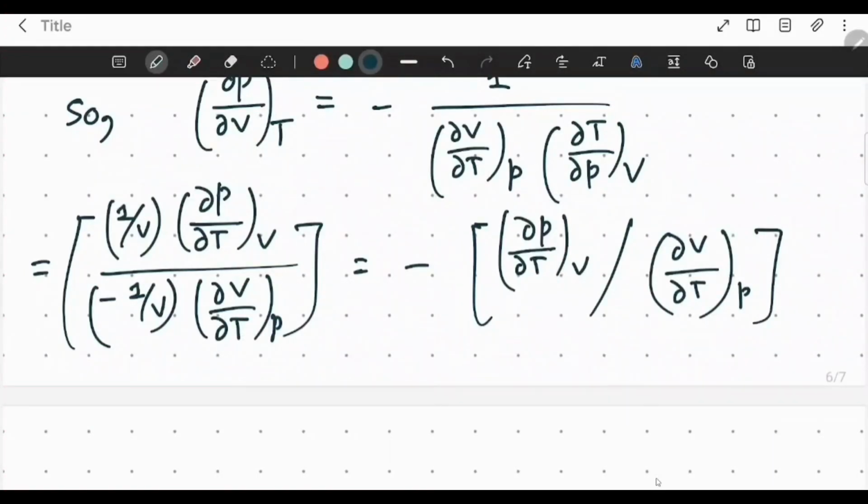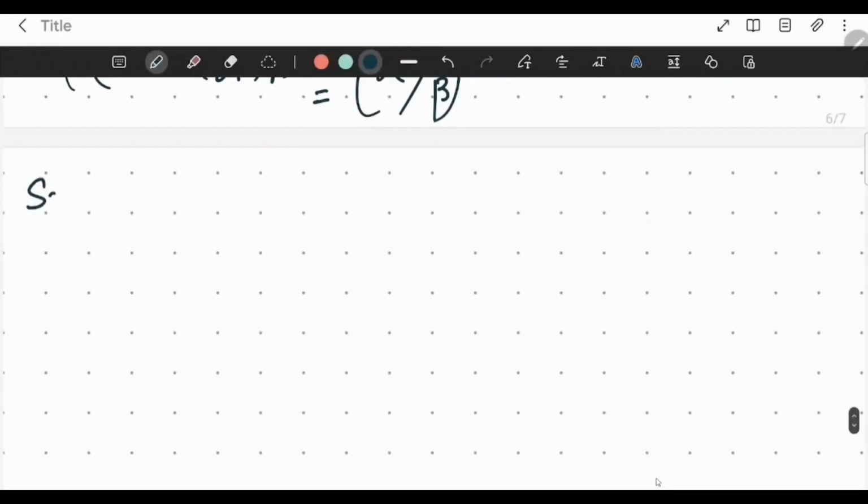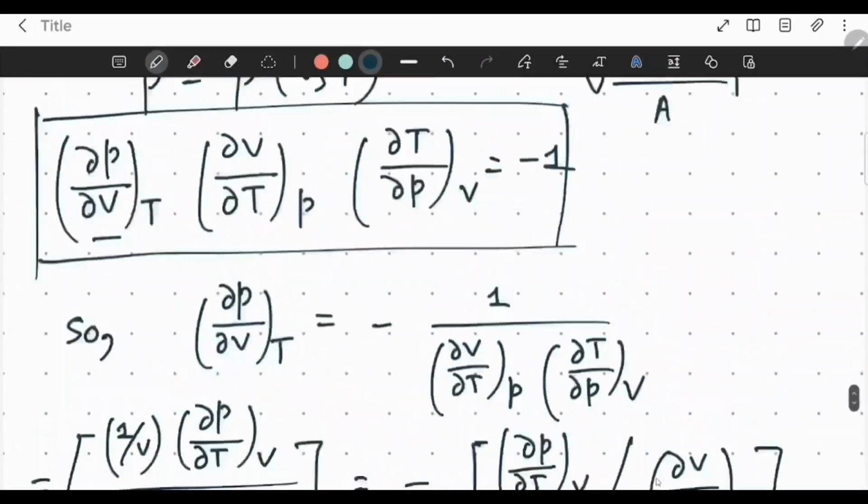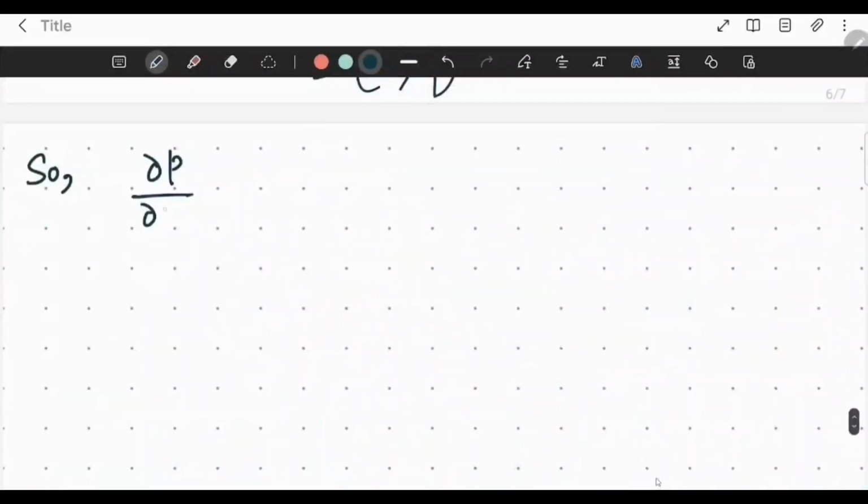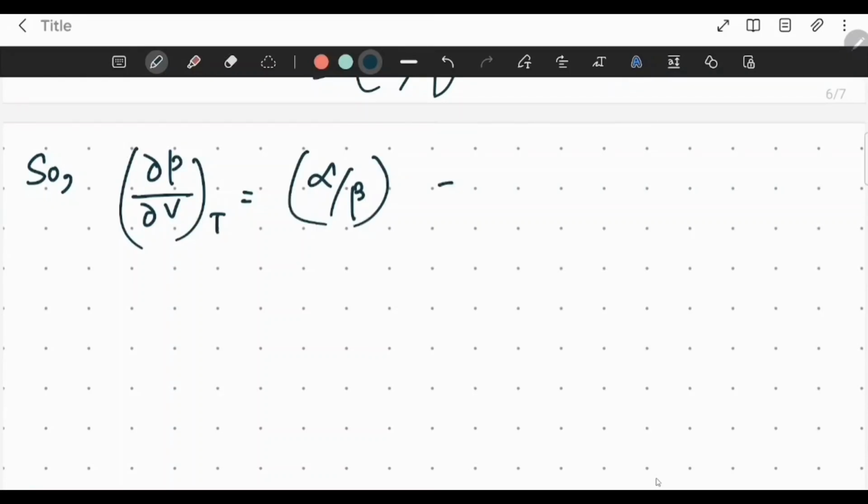So the numerator is eventually the alpha and the denominator is beta. Correct. So (∂P/∂T)_V is equal to alpha by beta. Hence (∂S/∂V)_T is also equal to alpha by beta.